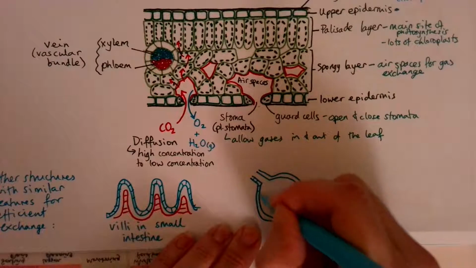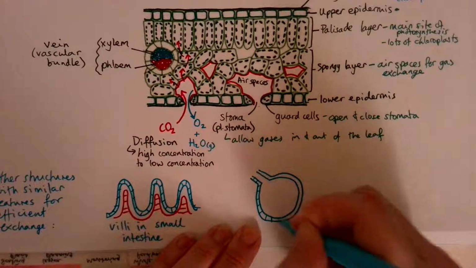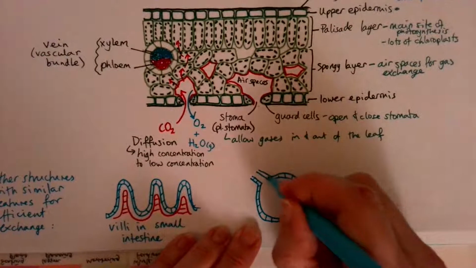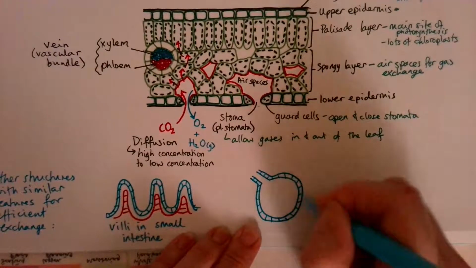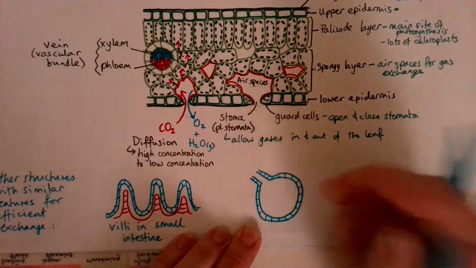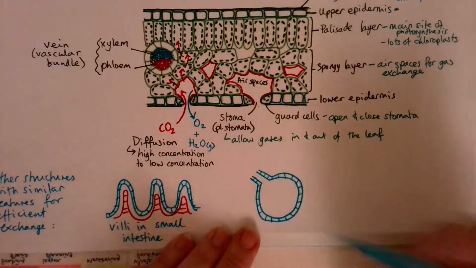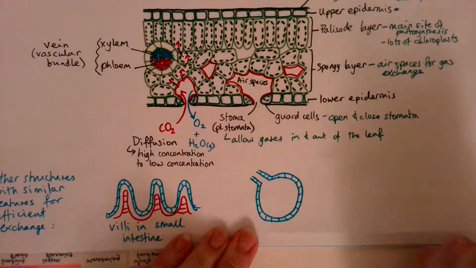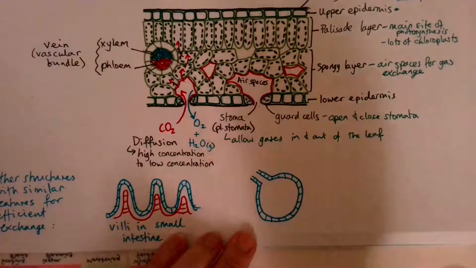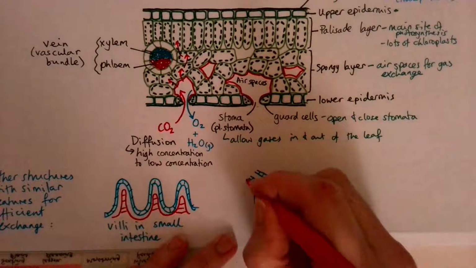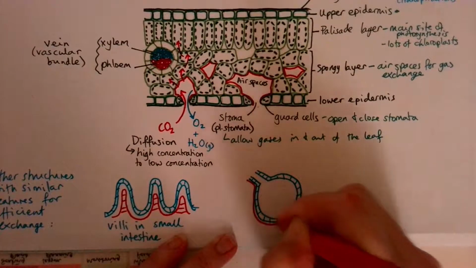And again, we've got a layer around the alveolus that is one cell thick. We've got this shape where there's literally millions of these spherical, almost like bubbles, providing a much larger surface area, or surface area to volume ratio. And we also have, in contact with the alveoli, blood vessels, these capillaries.